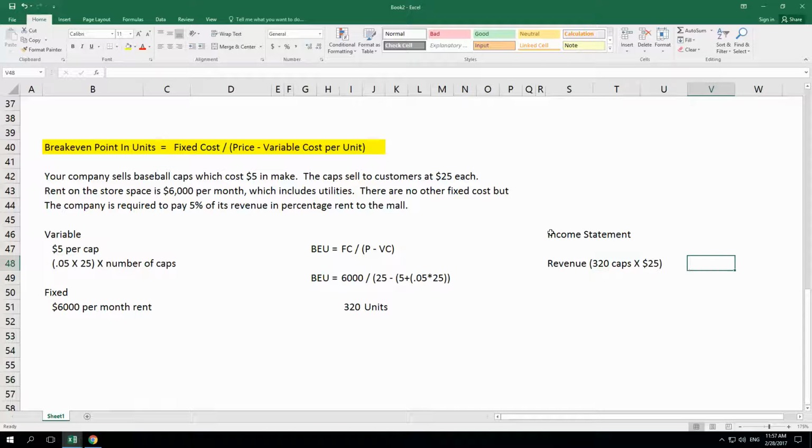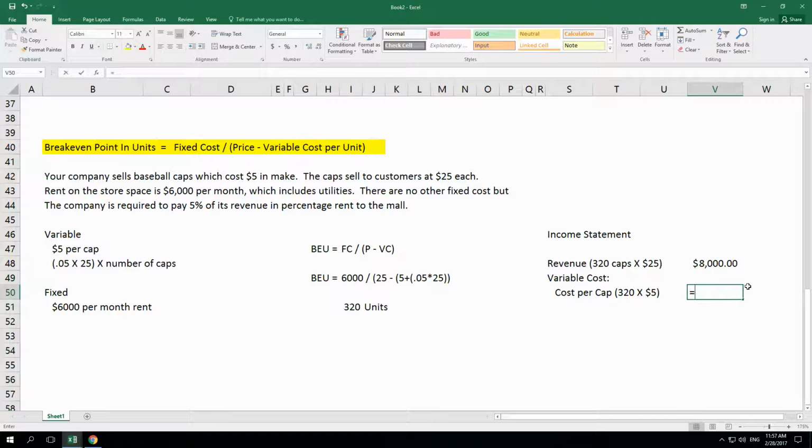So 320 times 25, we make 8,000 in revenue. And then we'll do our variable costs. We're going to have costs per cap, and that's going to be 320 times $5.